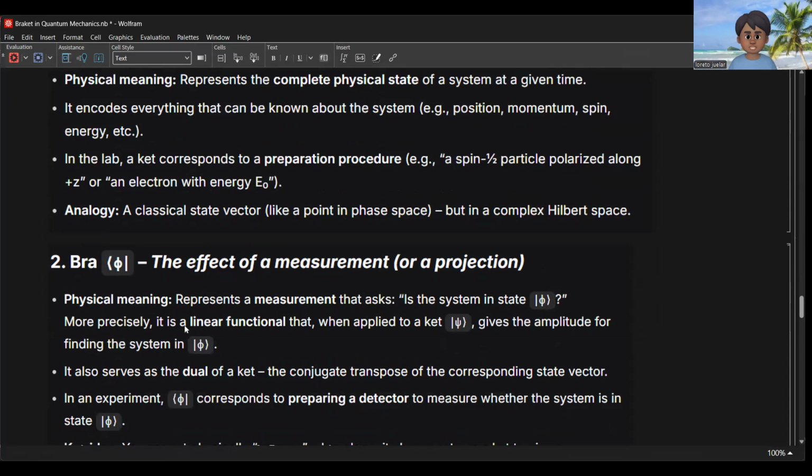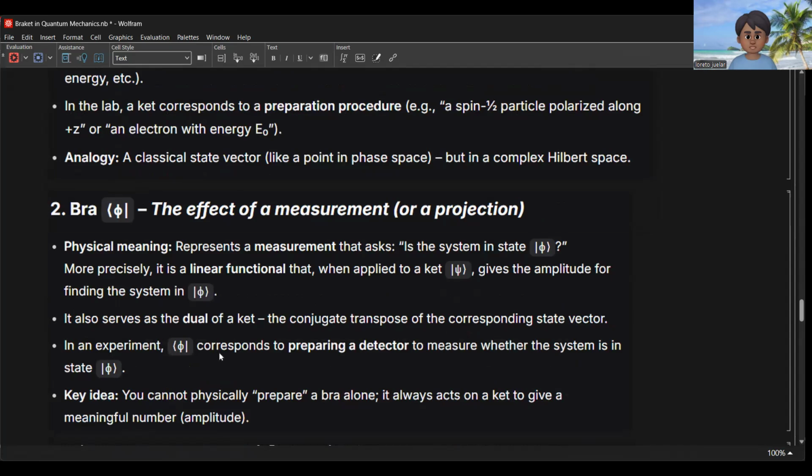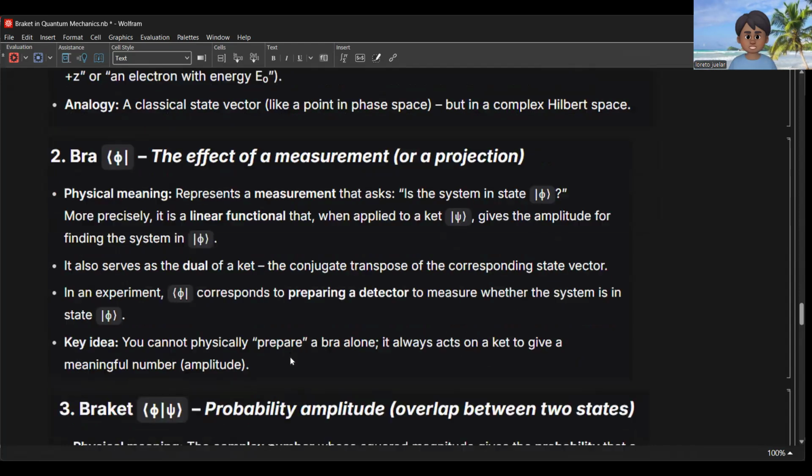More precisely, it is a linear functional that, when applied to a ket psi, gives the amplitude for finding the system in phi. It also serves as the dual of a ket, the conjugate transpose of the corresponding state vector. In an experiment, the bra corresponds to preparing a detector to measure whether the system is in the state phi.